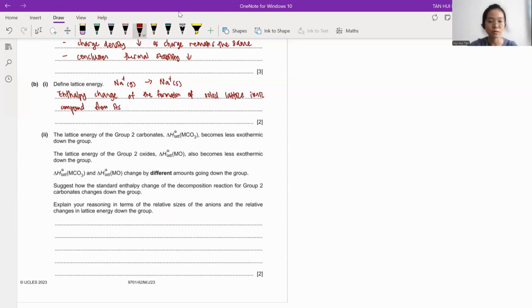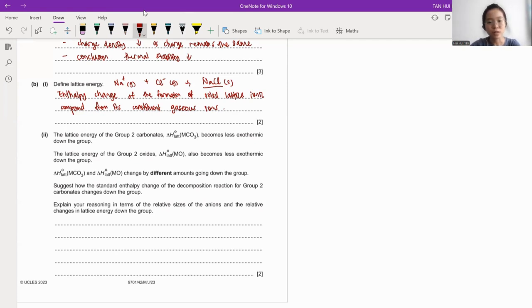from its constituent gaseous ions. So you have Na plus and Cl minus, and then you form NaCl. This is the solid lattice ionic compound, and the constituent gaseous ions refer to the Na plus and Cl minus.